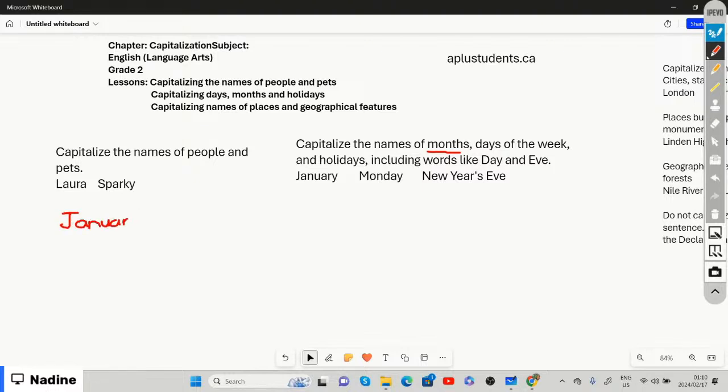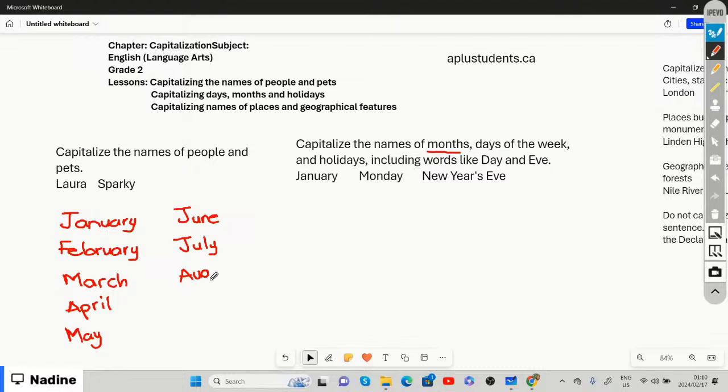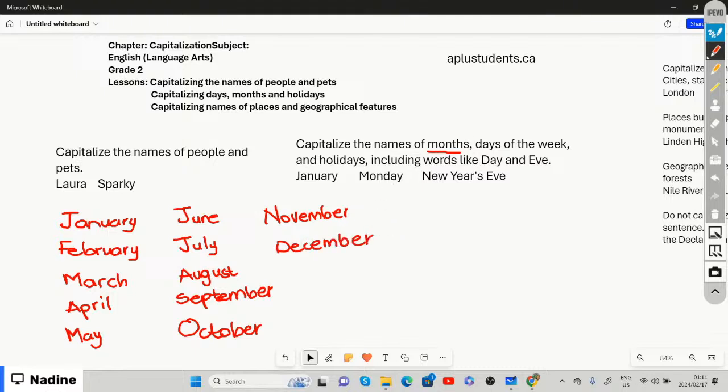So it's January, February, March, May, June, July, August, September, October, November, and December. So we capitalize the names of the months.